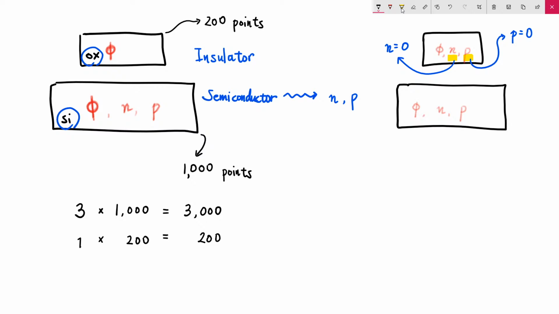When we repeat this estimation for our right scheme, then obviously we will have the same number for our silicon region, and we will have a larger number like 600. Of course, that is higher.